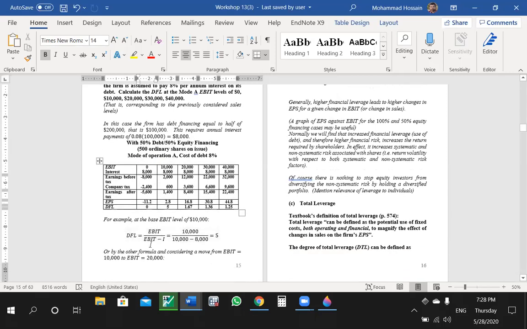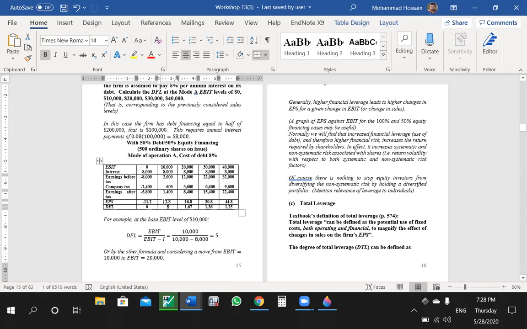The next EBIT is, let's say, 10,000. When EBIT is 10,000, then what happens? How did they get interest of 8,000? They said here, in this case, the firm has debt finance equal to half of the 200,000, so 100,000, into 8%, that is 8,000.